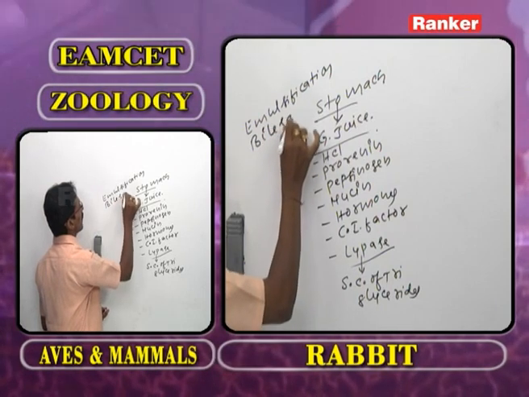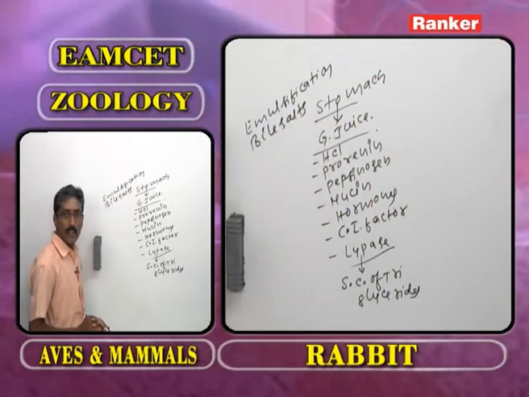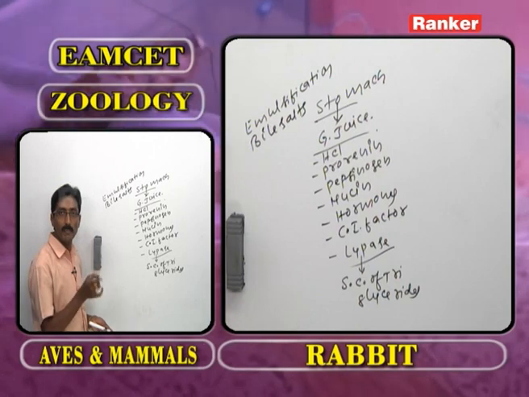For emulsification, what is required? Bile salts. Where are bile salts present? In the bile juice.